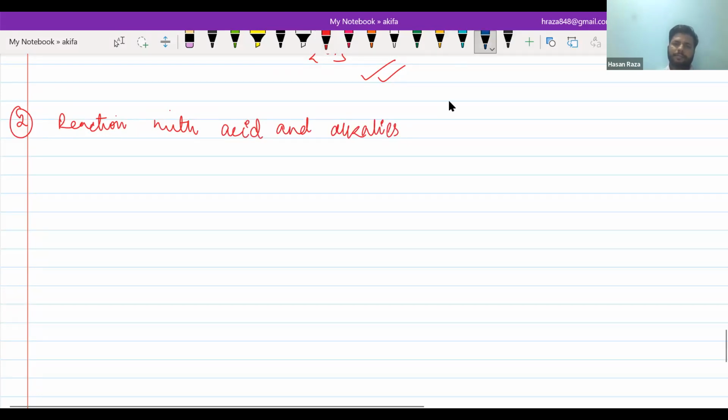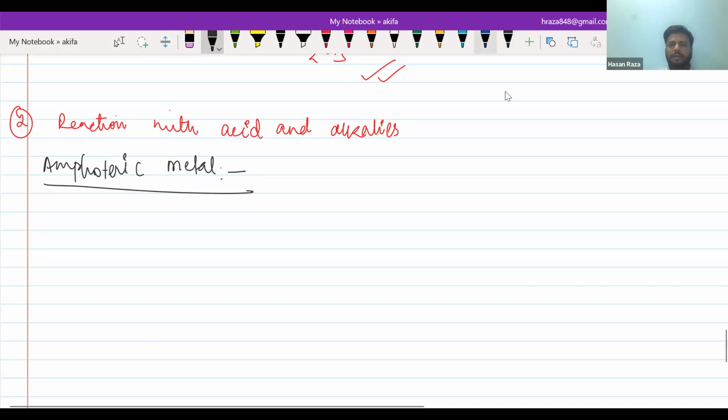First, we are going to take amphoteric metal. I will give a list of amphoteric metals and write a point.